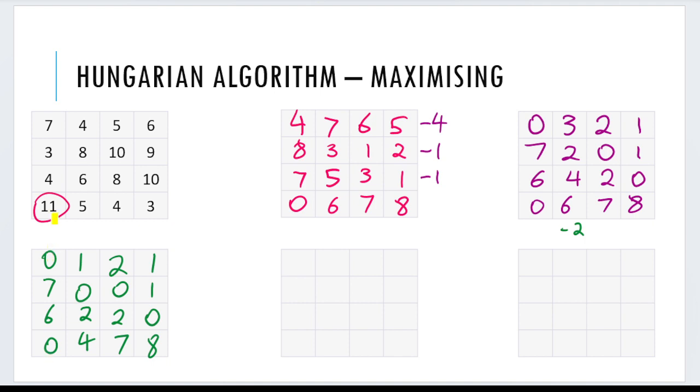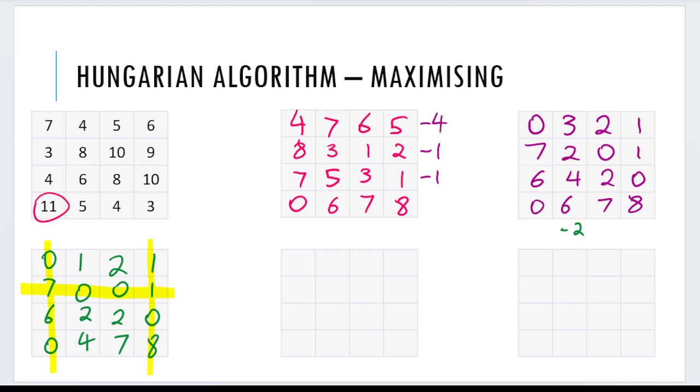This column has 2 zeros, this row has 2 zeros, and this one has 1 in the row and column. So let's cover those two, and this one's left over. As we can see, we've only got 3 lines, whereas we need 4. We need the same number of lines as the number of rows.